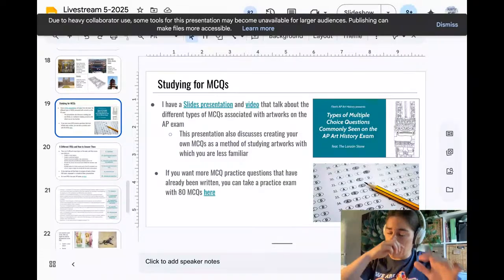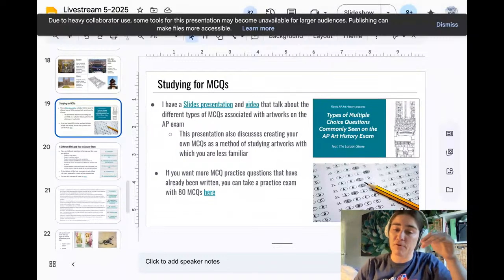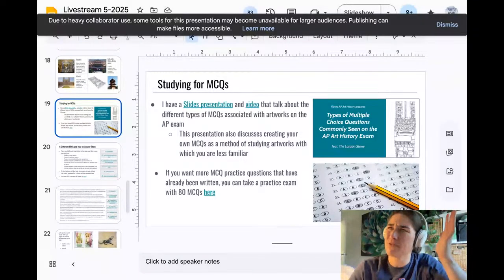The thing to remember with AP exams is that having like 90% accuracy in your responses is not necessarily going to be a 5, and 80 to 90% is going to be a 4, and so on and so forth. That's not necessarily the way that AP works. I would say that probably maybe 5% of students who take this exam score 90% accuracy or above, if that.